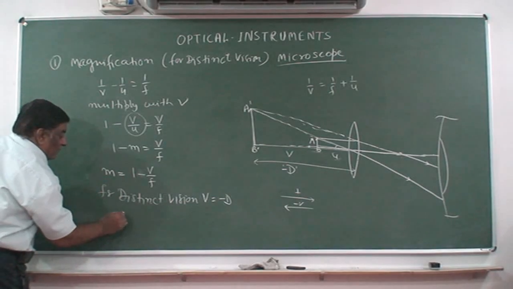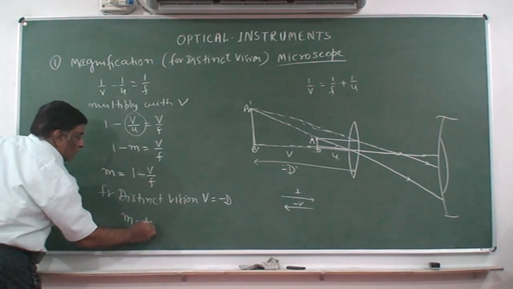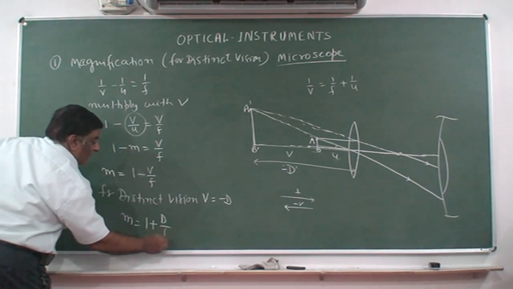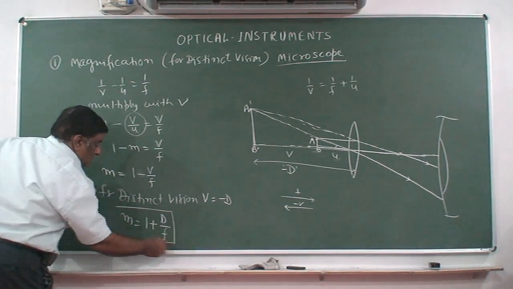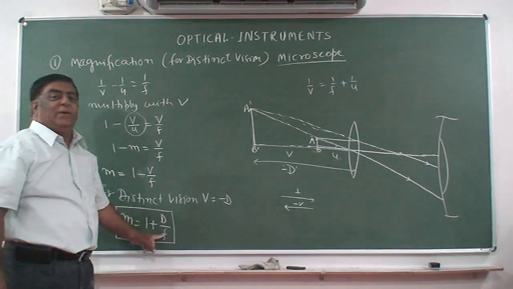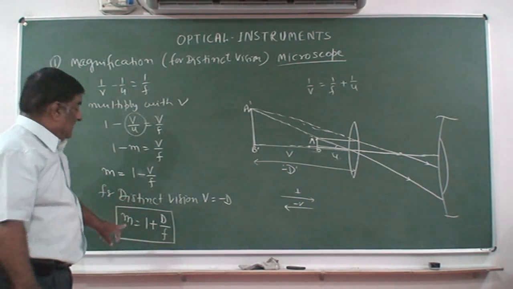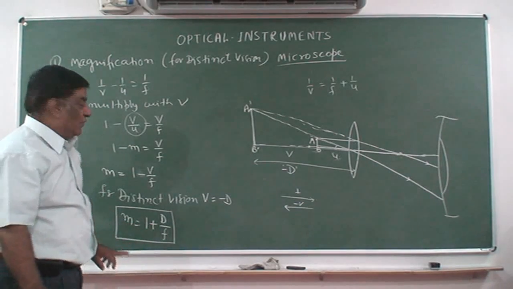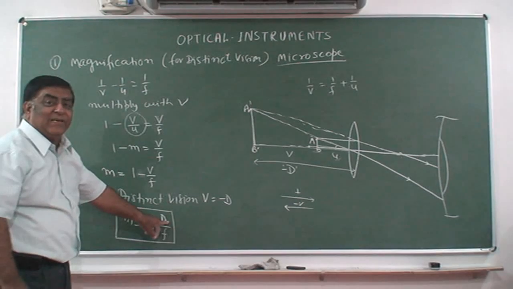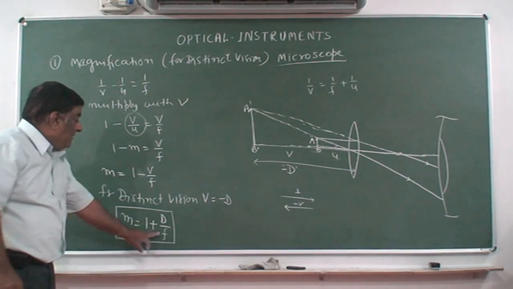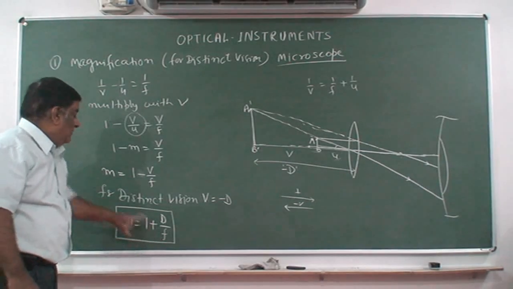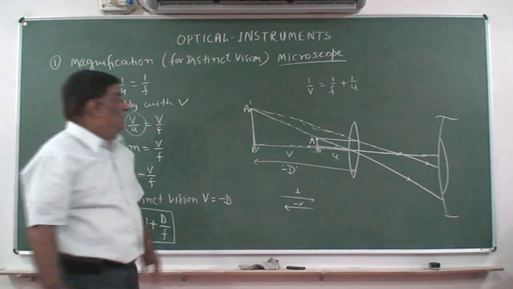Putting this value here, we get magnification is equal to 1 minus and minus plus D upon F. M is equal to 1 plus D upon F. So this is magnification. Okay? So magnification, 1 is a constant, D is a constant. So magnification depends upon focal length. Smaller is the focal length, more is the magnification.